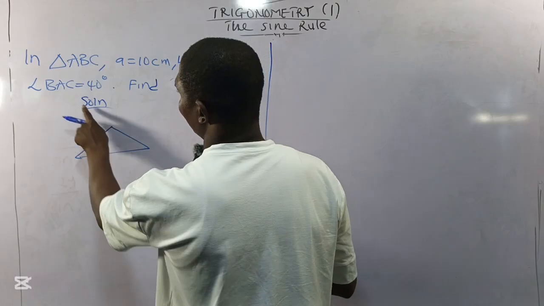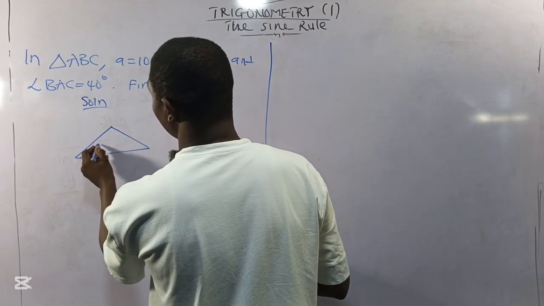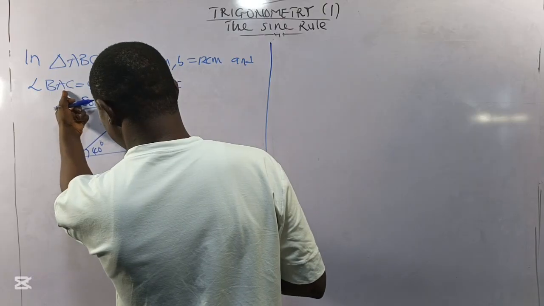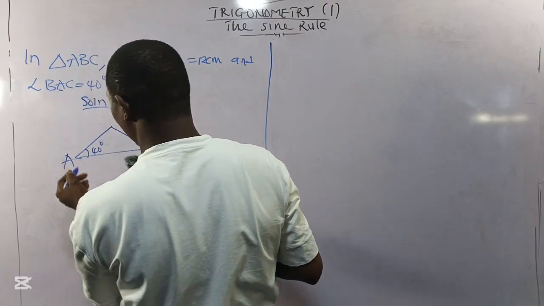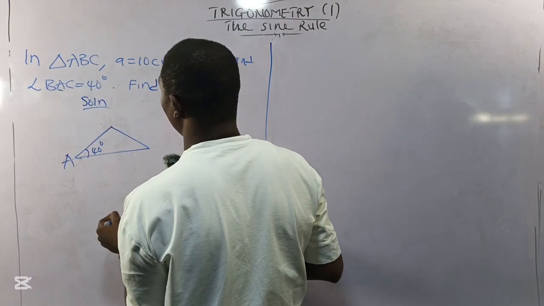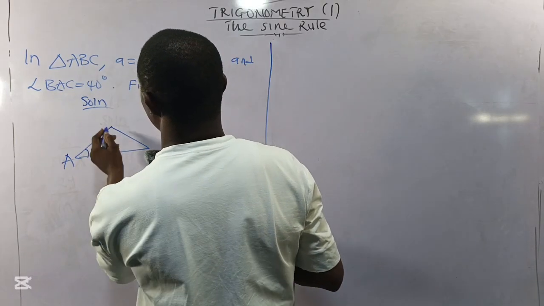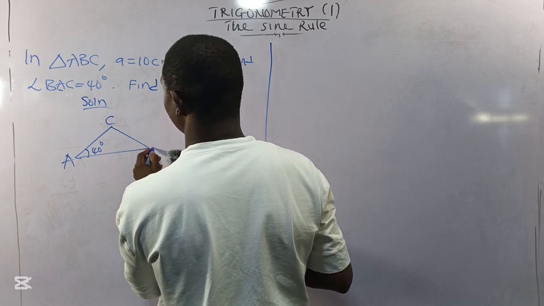I'll use this for my 40 degree because this angle is more open. Why A? When they say angle BAC, A is the middle alphabet that actually has the angle. Now, I can take this as my C and I can take this as my what? B.